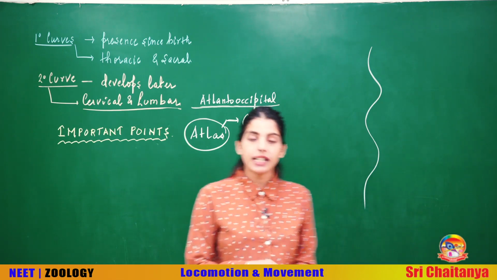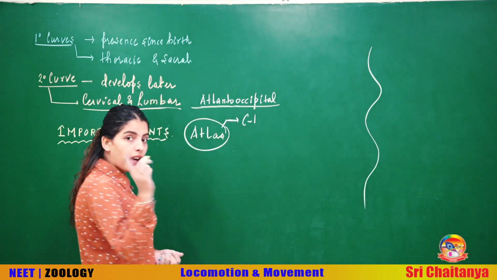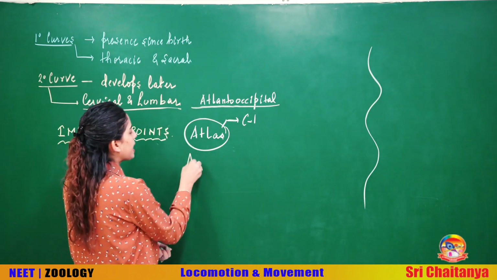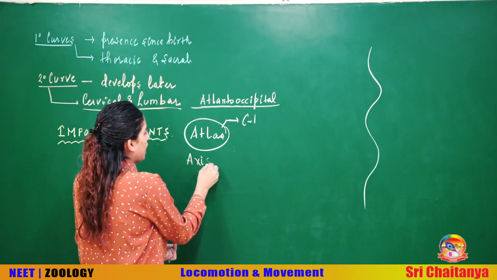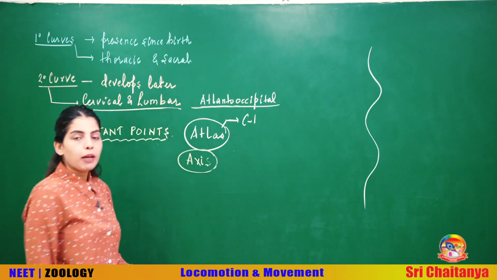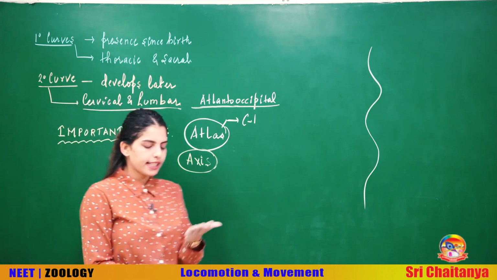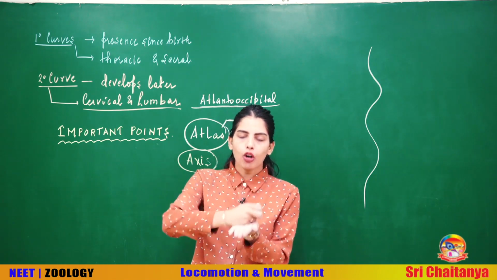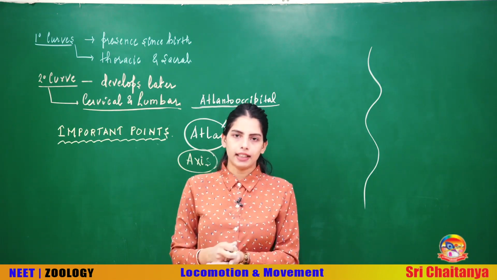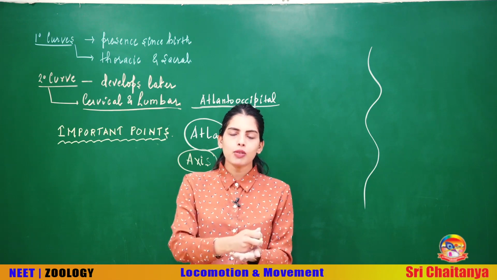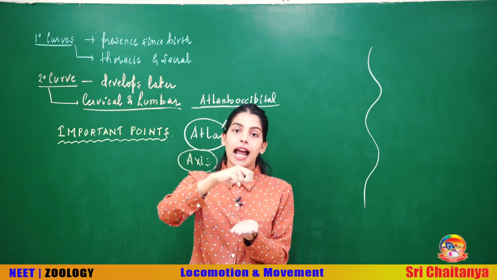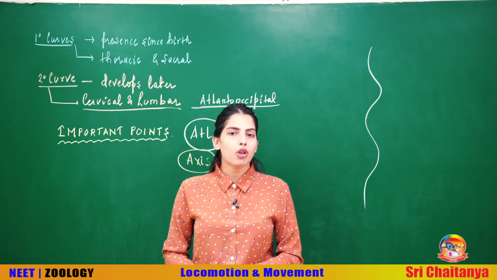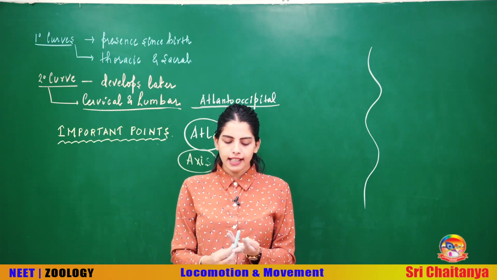Now talking about the second cervical vertebrae, that is the axis. This is called the axis. Suppose this is the body of the second cervical vertebrae, which is the axis, and over the axis on top you have the atlas, right? And this axis is going to form a joint with the topmost atlas. But how is it forming the joint, beta? There is a process like this.